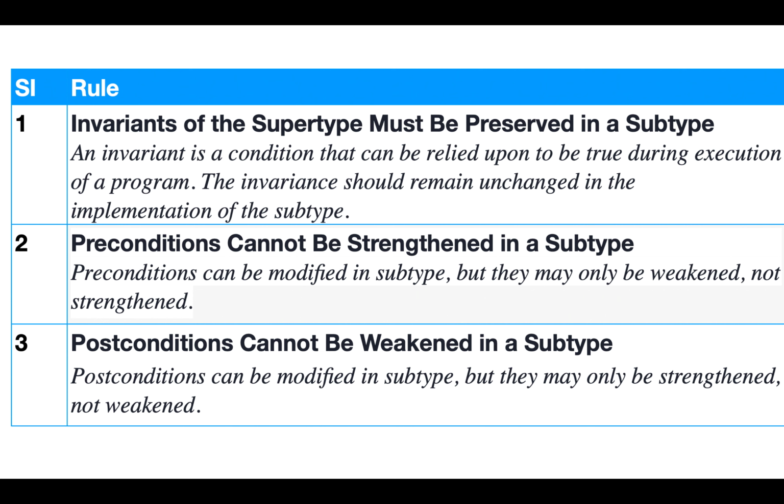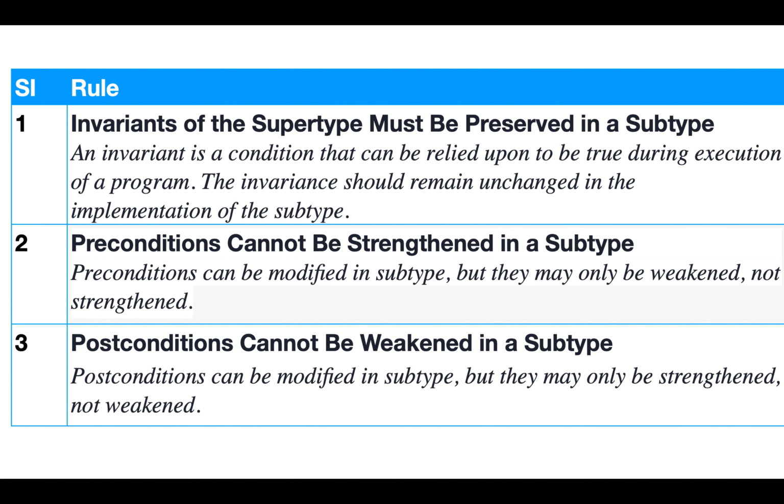Preconditions cannot be strengthened in subtypes. So what is a precondition? Before performing some action, generally inside any method we write some conditions. After that we perform some actions. So those conditions cannot be strengthened in subtypes, or we can say subclasses.